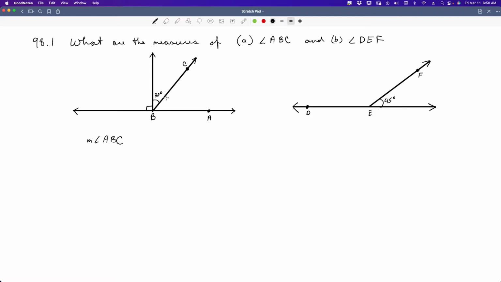So how do we find the measure of angle ABC when we don't have any indicators here of what that might be? Well, we know that if originally this is a 90-degree angle, then this has to be a 90-degree angle as well. Let me give you a highlighter for that. This angle right here is 90 degrees, and that's indicated by this little square right here.